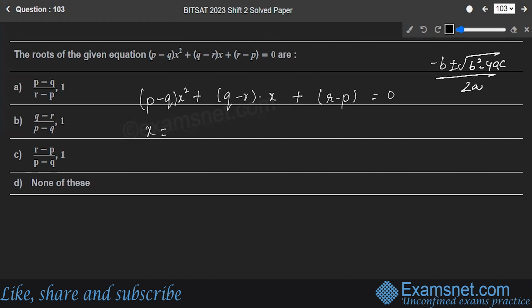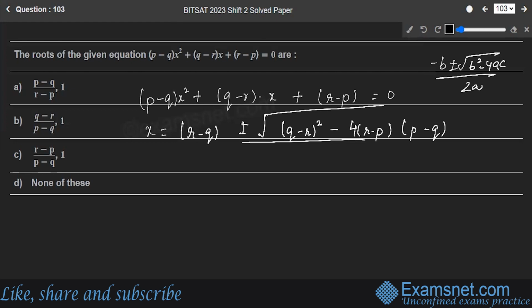Here b is q minus r, which gives r minus q plus minus root of (q minus r) square minus 4 into (r minus p) into (p minus q), divided by 2 into (p minus q).